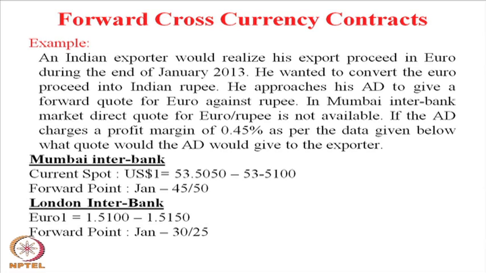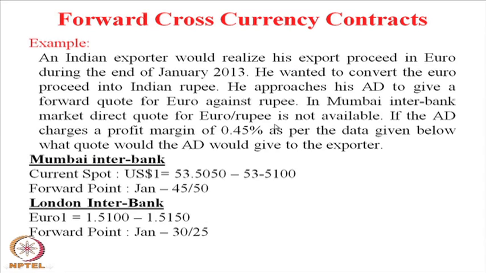Now, when he approached the authorized dealer for a forward purchase contract for his export earning, which is in the form of euro, converted into Indian rupee, what rate will the authorized dealer charge? Here it may happen that in the Bombay interbank market, a direct quote for Indian rupee and euro may not be available.